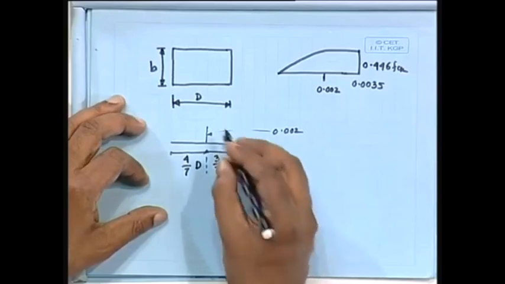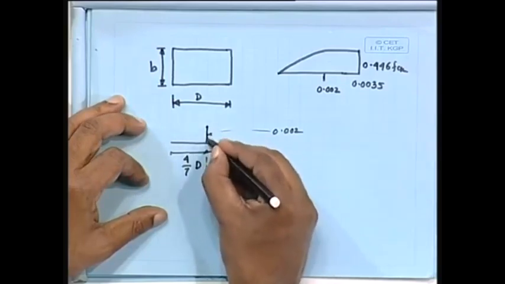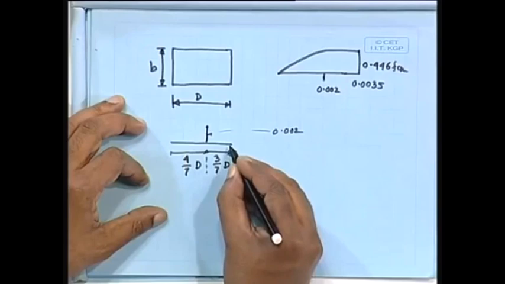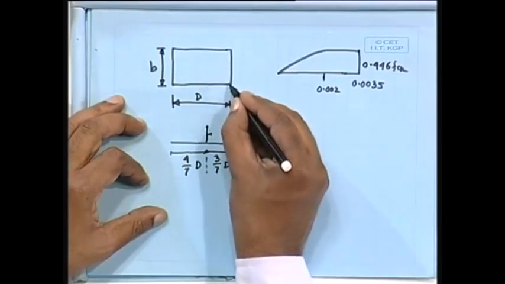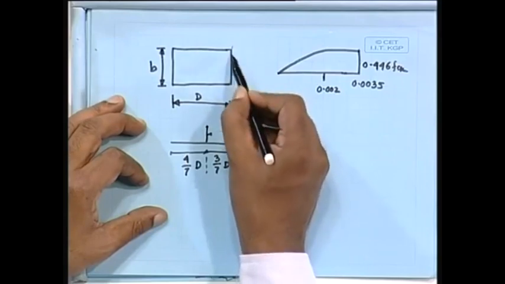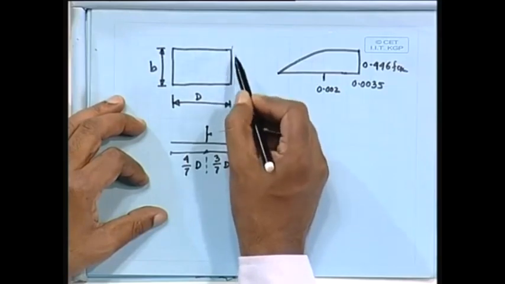What happens here, this is our pivot point 0.002, and from the highly compressed area, because we are talking about this one, say this is the highly compressed zone, this side, that highly compressed fiber here.